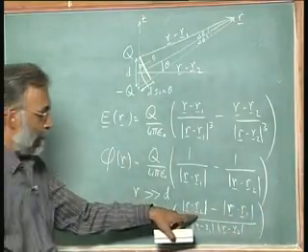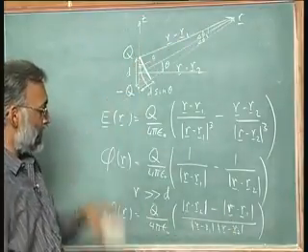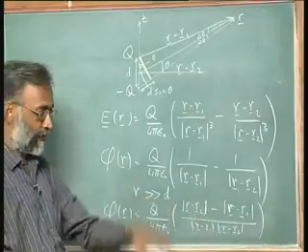So, it is the difference in distances between r and these two charges divided by the product of the distances.